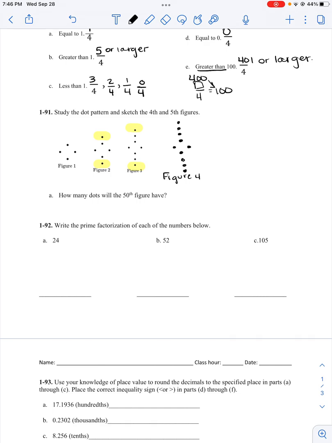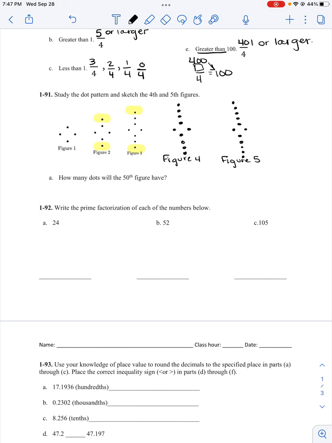I'm going to add 2 more dots. Figure 5. I'm going to start with my pattern for figure 4 and add 2 more dots. That will give me figure 5.